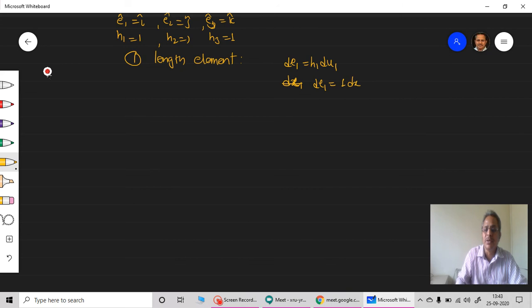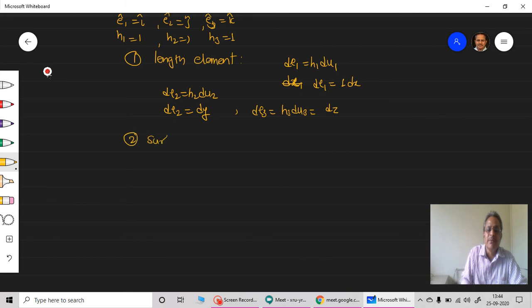So that is what we have in the first direction. Similarly for the second, dl2 is equal to h2 into du2. So the second length element dl2 is 1 into dy, and the third length element dl3 is equal to h3 into du3. h3 is again 1, and therefore this gives you dz. Okay, this is my first component.